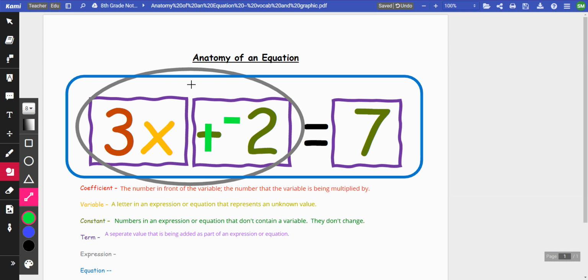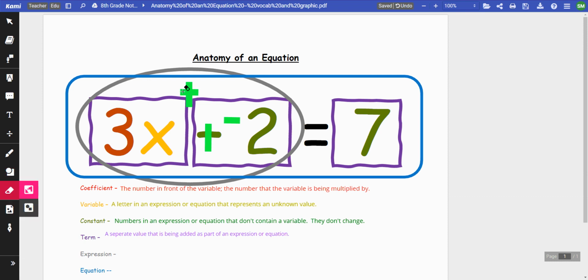And that would make this all addition. So in between the terms here, we would have addition, and that makes this term negative. But instead of going to all that trouble, I just call it all addition, and I don't write that necessarily. I just know that. And any negative or any subtraction sign goes with the term that is right after it. So that's why this is -2 that's being added to the 3x.